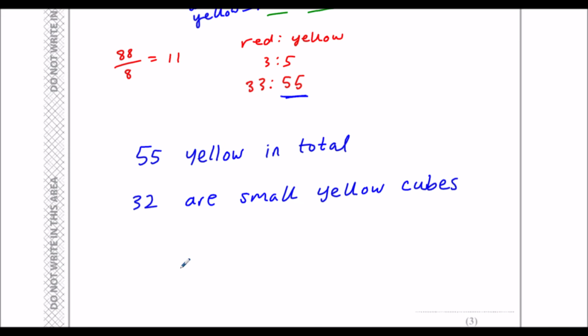That's going to be 55 take away 32, which is 23. So there could be 23 large yellow cubes, 32 small yellow cubes, and the other 33 must all be large red cubes.